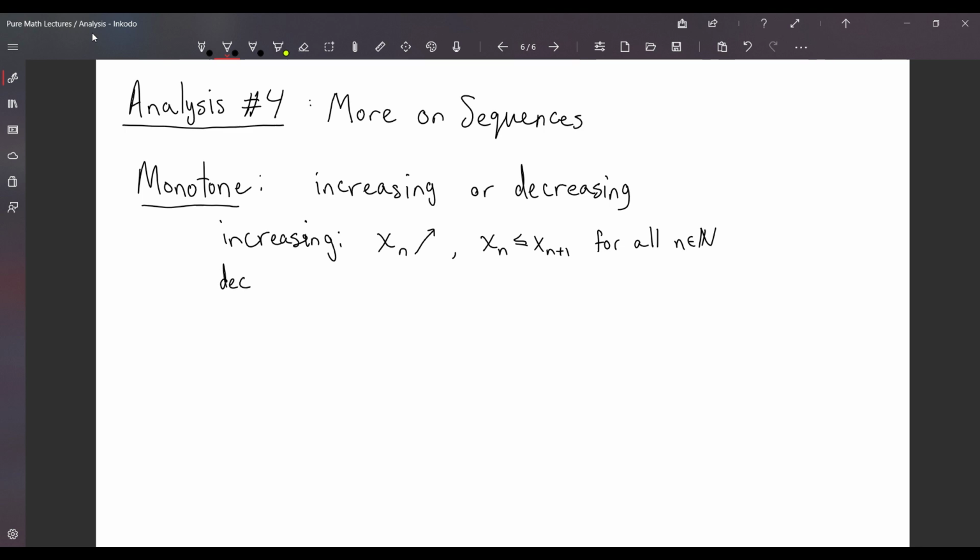And similarly, we can define decreasing with an arrow going right and down. And this means that x sub n plus 1 will be less than or equal to x sub n for all n in the natural numbers, right? So every next term in the sequence will be less than or equal to the previous term.